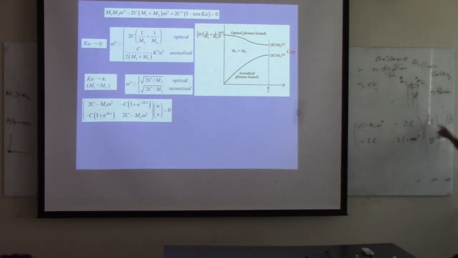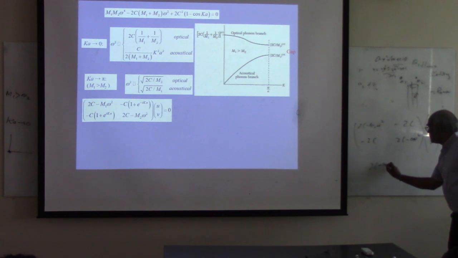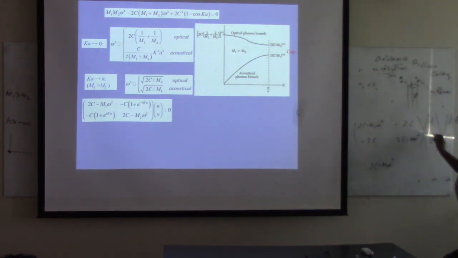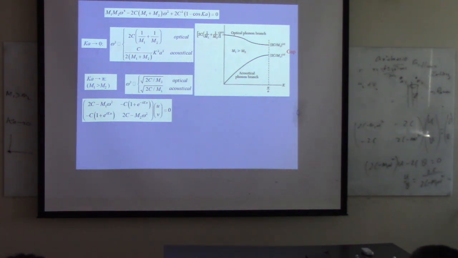If I multiply this out, how do you calculate this element? It is 2C minus M1 omega squared times U, minus 2C times V. This should be 0. Now if I take the U over V ratio, what do you get? U over V equals 2C over 2C minus M1 omega squared.